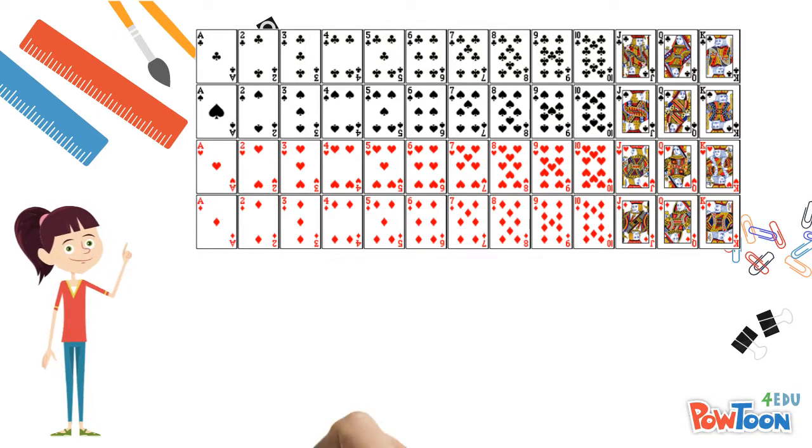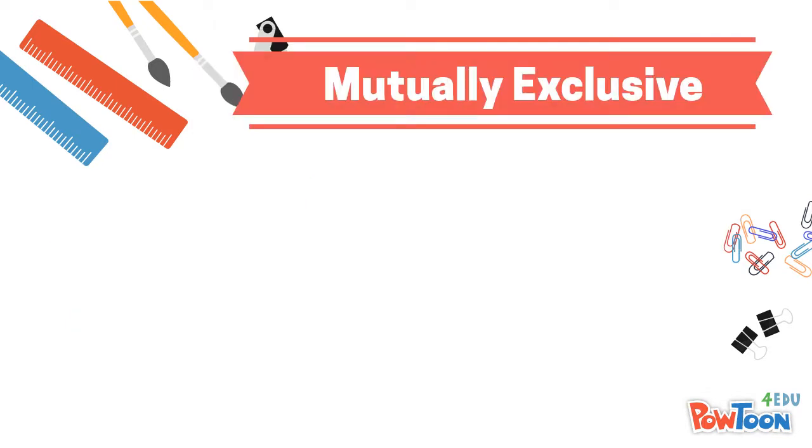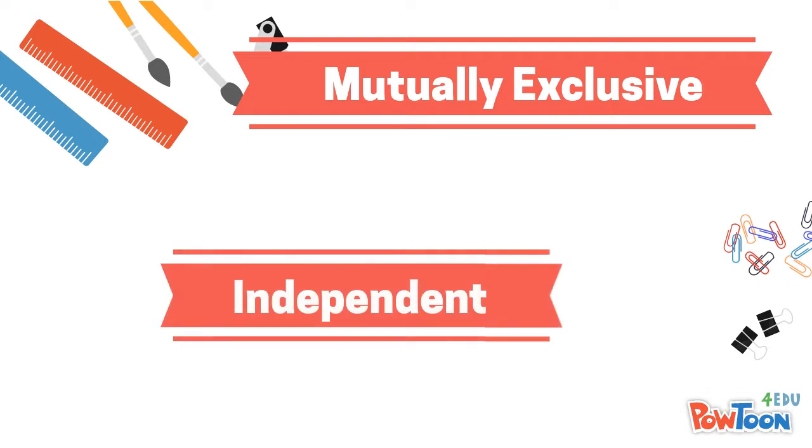The probability of drawing a heart and a spade is 0, as selecting a card that is both a heart and a spade is impossible. This leads us to one final reassurance that mutually exclusive and independent are very different, and that if two events are mutually exclusive, they cannot be independent.